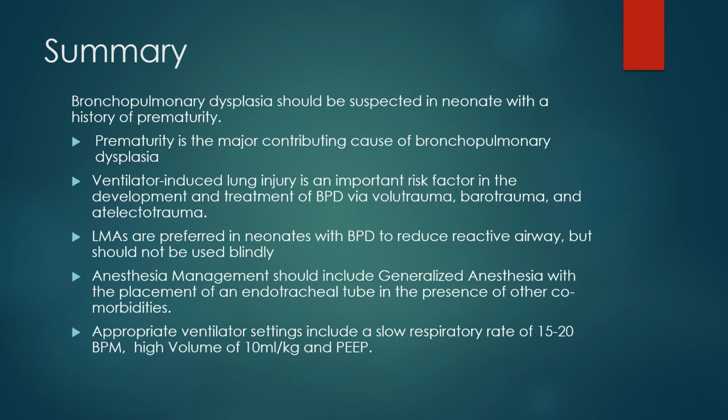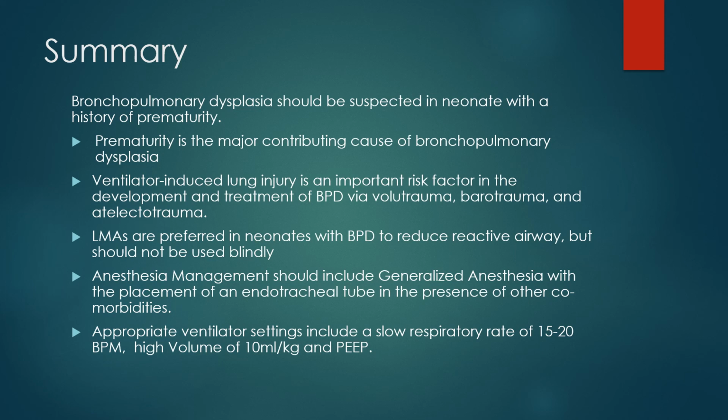Traditionally, LMAs are the preferred method for airway management in patients with BPD due to the reduction of reactive airways, but should not be used blindly. Anesthesia management should include general anesthesia with the placement of endotracheal tubes, especially in the presence of other comorbidities.